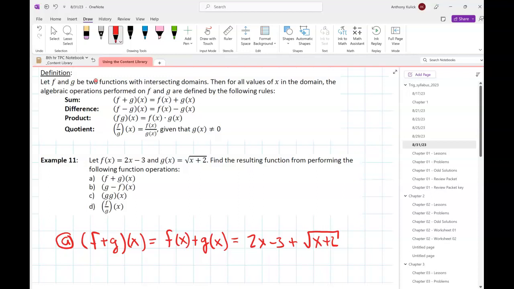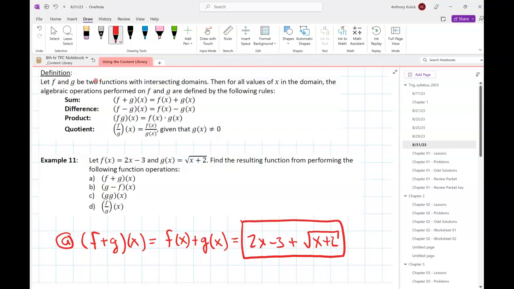Do you guys see anything that I can do to simplify this? Kate, you're shaking your head no. Why not? Great. There are like terms of 2x and x, but the x is under the square root and the 2x is not. I know that we can't combine those two things unless they're both in the same location, either under the square root or out of the square root. Likewise with the negative 3 and the positive 2. So there's nothing more to do here.